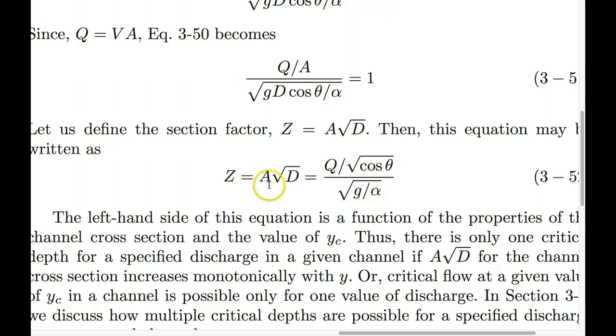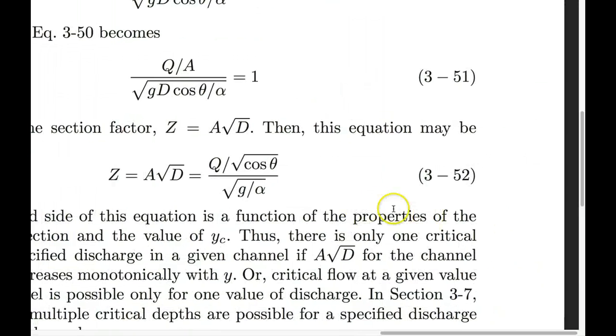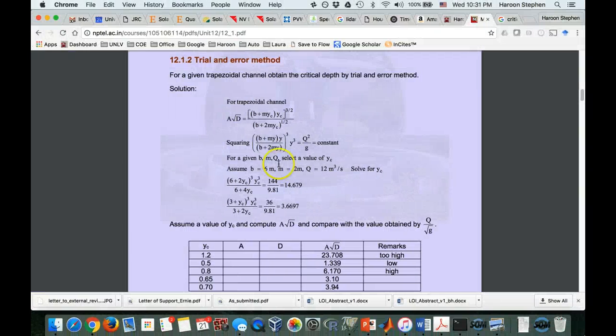So suppose it was a trapezoid, then we know what A and D for trapezoid are. If we plug those in, we will have an equation in y that needs to be solved for y. So here's an example from a website where the values of the area and hydraulic depth in terms of y are given.